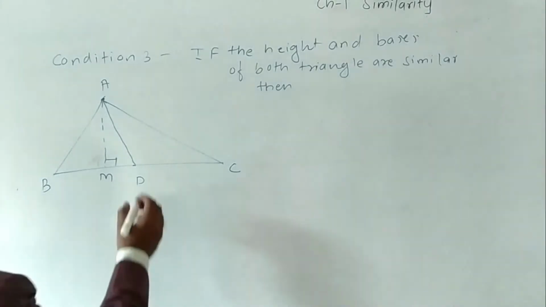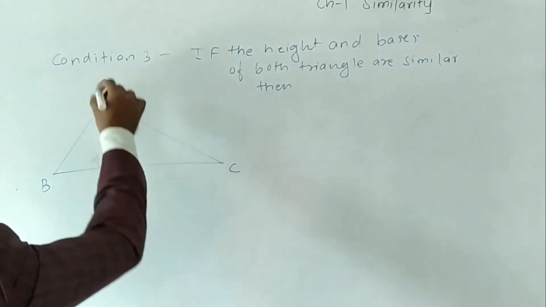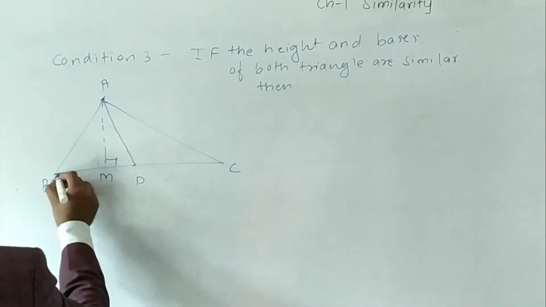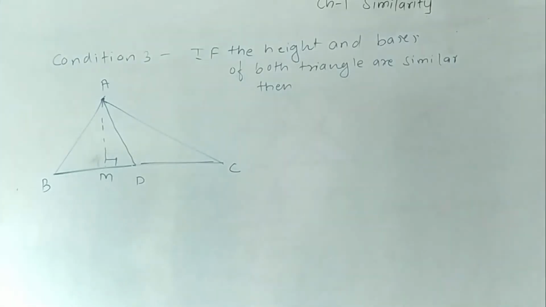And what about the base? Since AD is the median of triangle ABC, BD is equal to DC, meaning the bases are also equal.